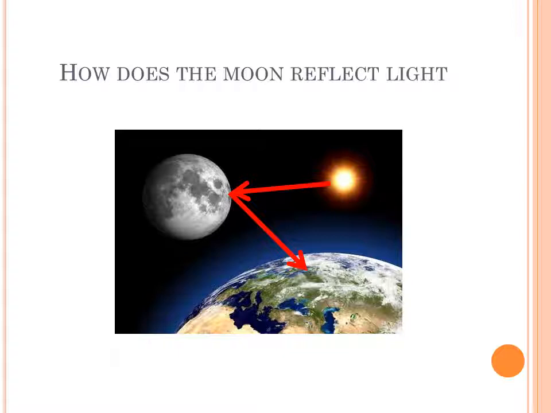Actually the moon is reflecting the light of the sun. So we have a picture here which proves that the moon only reflects the light of the sun.